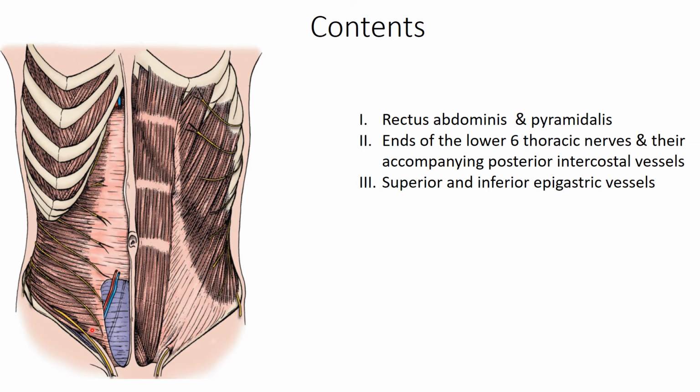Now the inferior epigastric is a branch of external iliac, and it emerges at the level of the inguinal ligament, then passes behind the conjoint tendon to seep under the arcuate line where it enters the rectus sheath, and it supplies the content of the rectus sheath. And here at the level of the umbilicus, it anastomoses with its fellow from the superior portion, which is the superior epigastric. So here there is an anastomosis between the arteries as well as the veins.